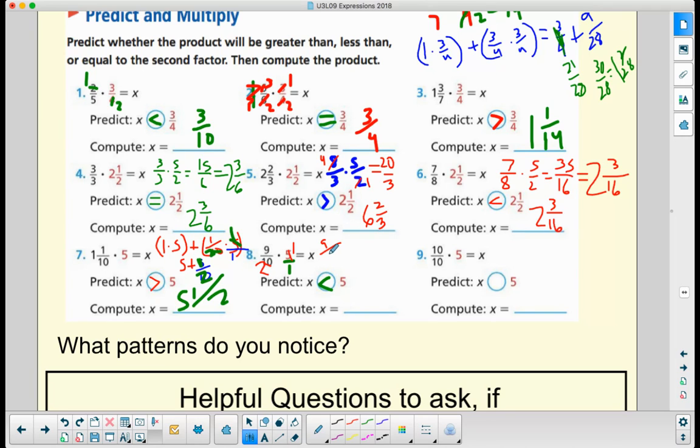And 2 multiplied by 1 is 2. 9 halves, and it takes 2 to make a whole. So every 2 halves is a whole. I have 2, 4, 6, 8. I have 4 wholes in 9 halves with 1/2 left. And I was right. It is less than 5.